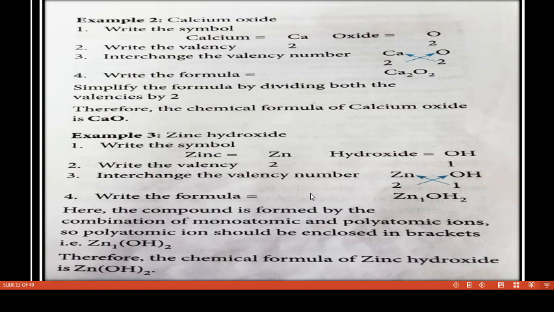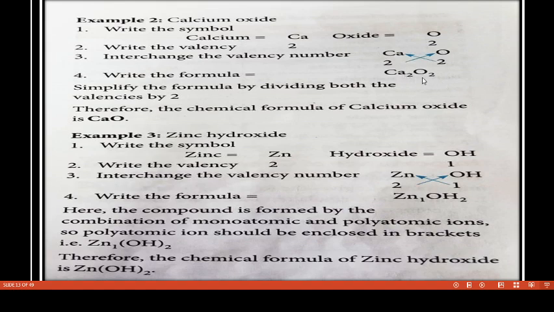Example number 2, calcium oxide. For calcium oxide we write the first symbol Ca, calcium, and oxide O. Now write the valency: calcium valency 2, oxygen valency also 2. Now interchange the valencies of combining atoms, and then write the subscripts.